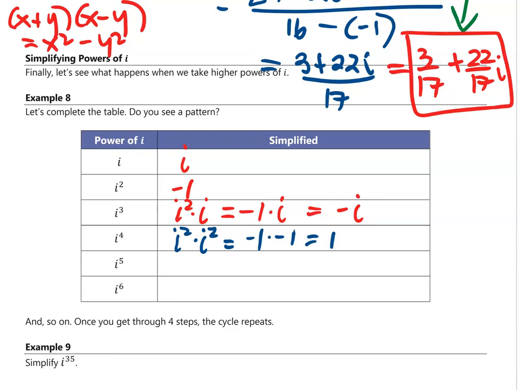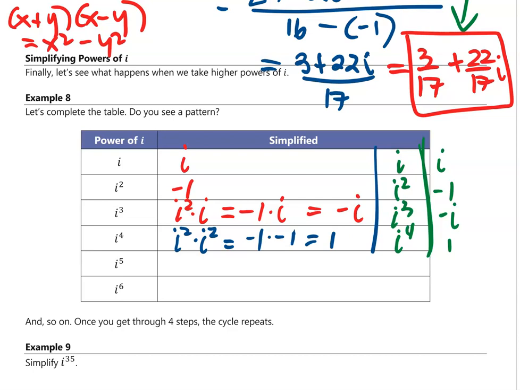Alright, so what do we have here? I'm going to rewrite it here. We know that i is i, i squared is negative 1, i cubed is negative i, i to the 4th is 1. How about i to the 5th?